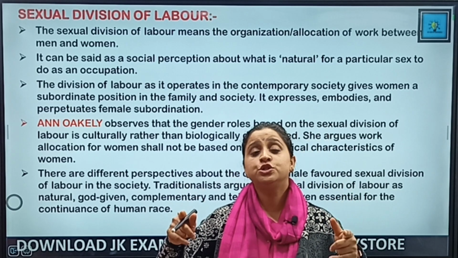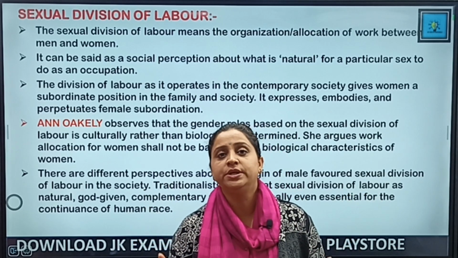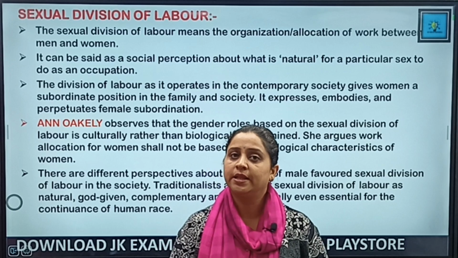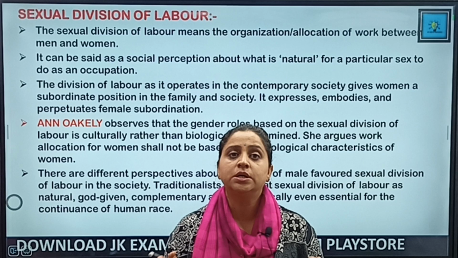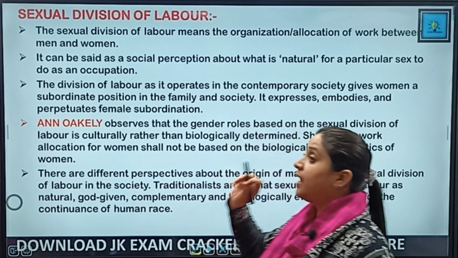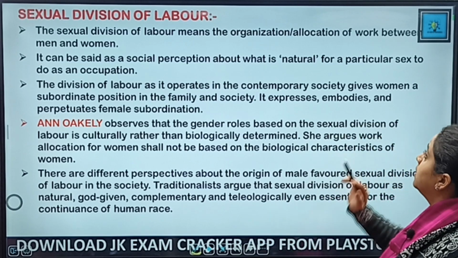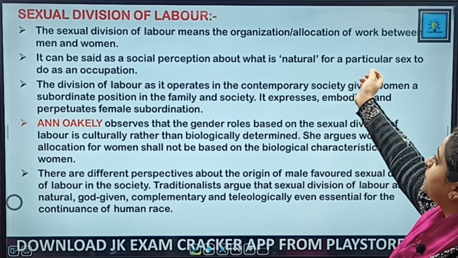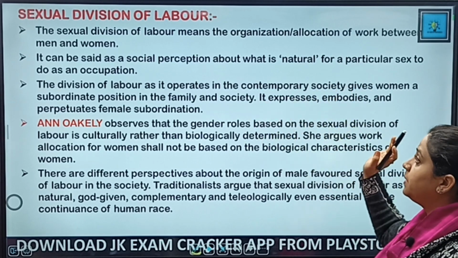Now, the term sexual division of labor is self-explanatory. It is the division of the tasks and the work of society on the basis of one's gender. That allocation of the work between men and women is understood as sexual division of labor.